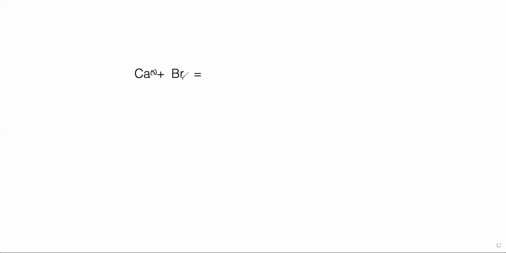And then this is diatomic bromine gas. So what do you think would happen in a situation like this where we have a solid and a gas coming together? Our choices are decomposition, single replacement, double replacement, synthesis, and combustion.